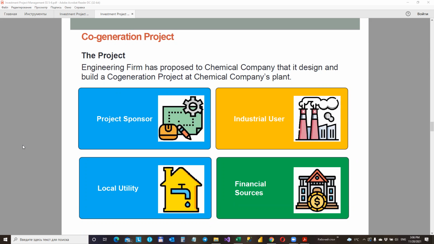It's the local utility, which can provide operating management, provide equity capital, and can grant consumption, so agree to purchase the product of this project. But still we have problems to solve. We should definitely find how to finance.